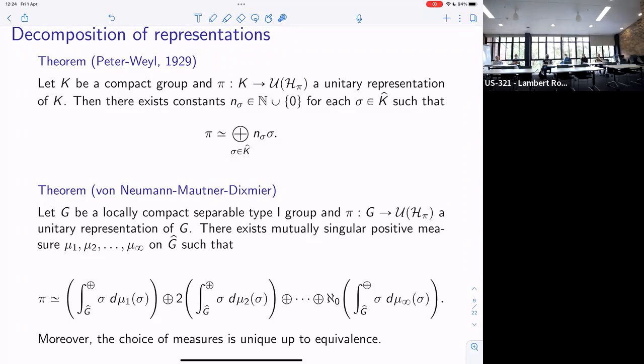And don't worry if you don't know what a direct integral is. It's not going to matter for the rest of it at all. I'm just motivating some things. And now I'll say a bit about this type 1 property and what it is and some aspects of it.